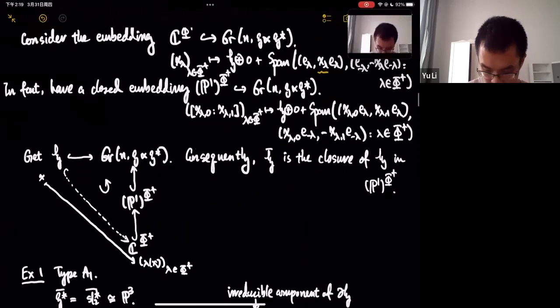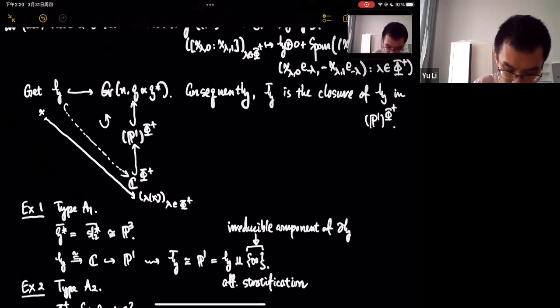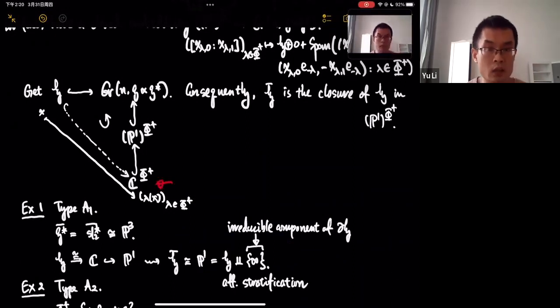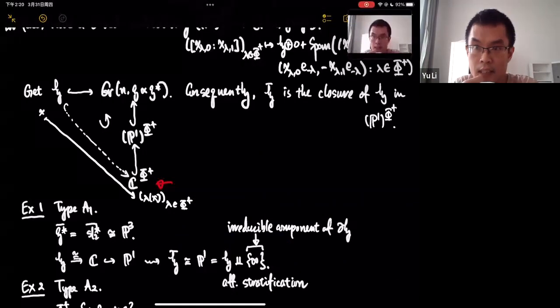Okay, so what this computation buys me is the following commutative diagram. So the map from H to the Grassmannian factors through a map from H to this thing, C to the phi plus, where C to the phi plus stands for a vector space whose dimension is the same as the cardinality of phi plus.